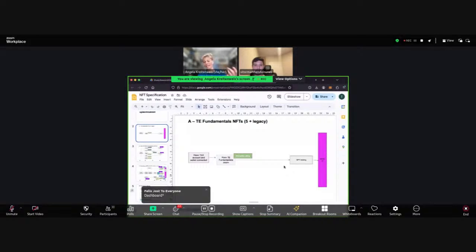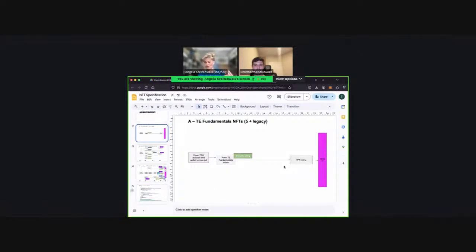We can counteract this via the weights, because just for registration without an NFT, you shouldn't be able to take over the voting, as opposed to someone who passed TE Fundamentals.